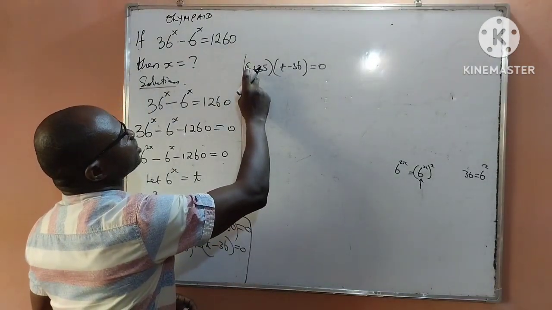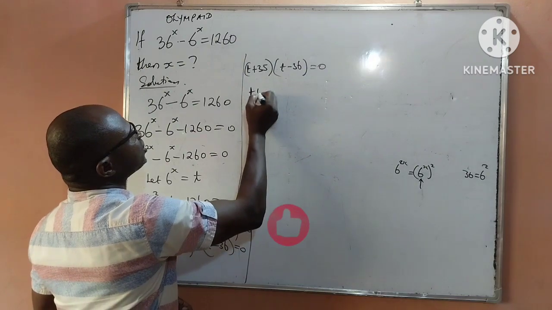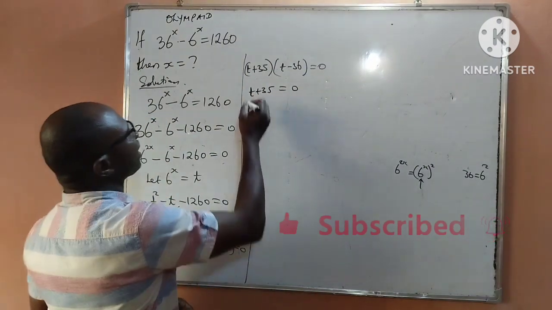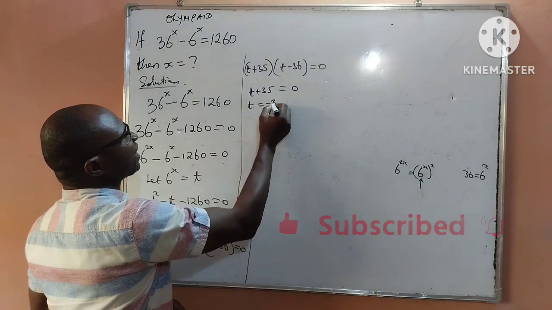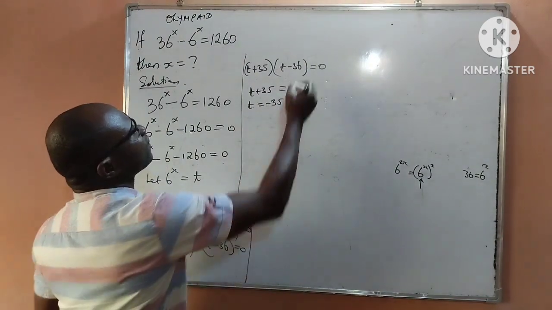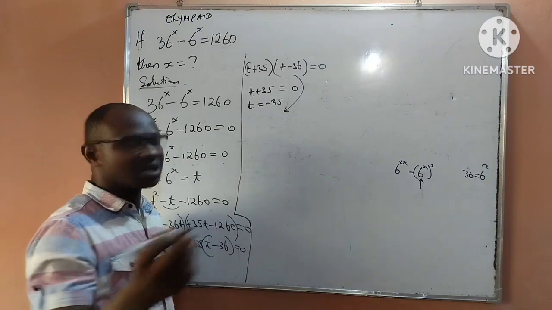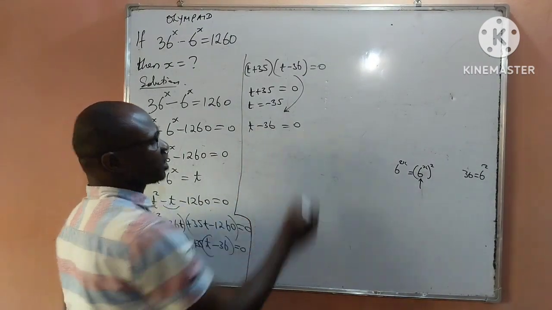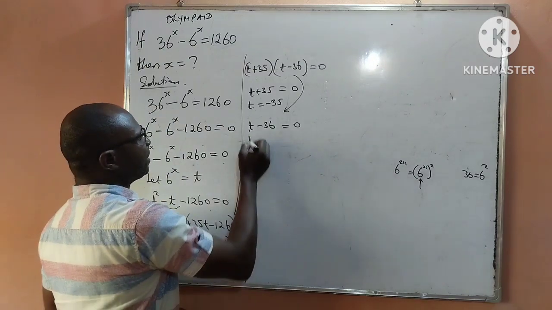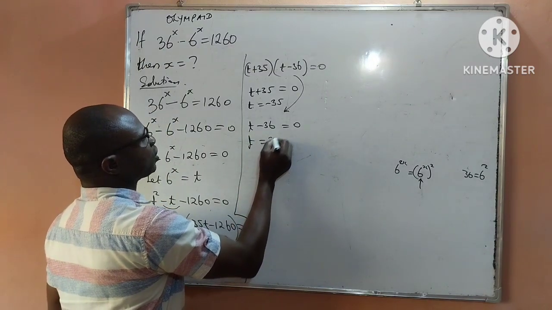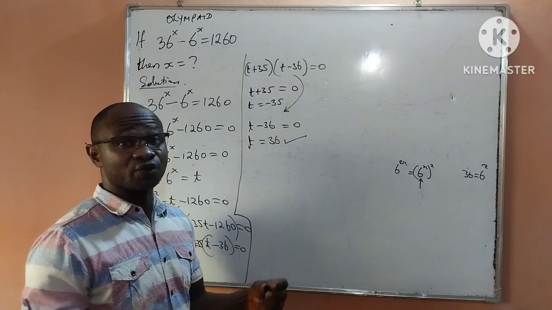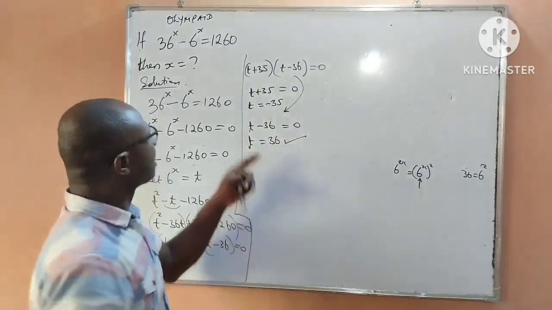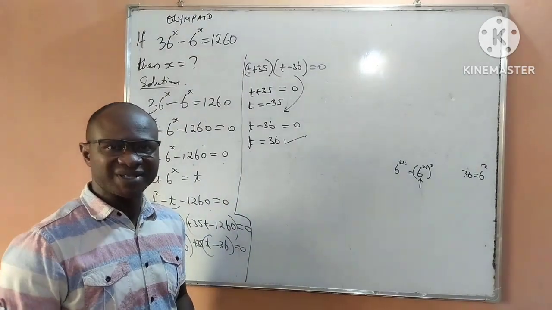The first condition is that the bracket t plus 35 is equal to 0, implying that t is equal to negative 35. From the second bracket, I have the second condition, t minus 36 is equal to 0, meaning that t is equal to positive 36. So we have two values, where t is equal to minus 35 and where t is equal to plus 36.